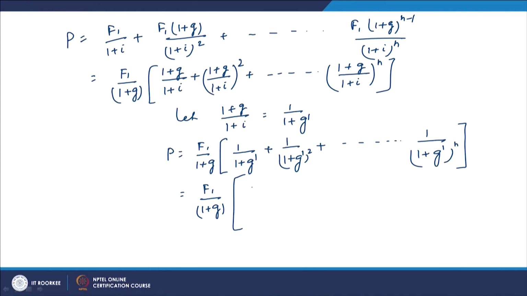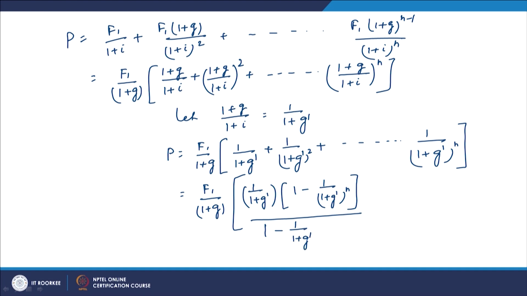So, first term is 1 by 1 plus G prime, then 1 minus r^n. So, 1 minus (1 by 1 plus G prime) raised to the power n. Because common ratio is 1 by 1 plus G prime, that will be its sum, then it will be divided by 1 minus r, so 1 minus 1 by 1 plus G prime. So, this is the expression which is a whole one.